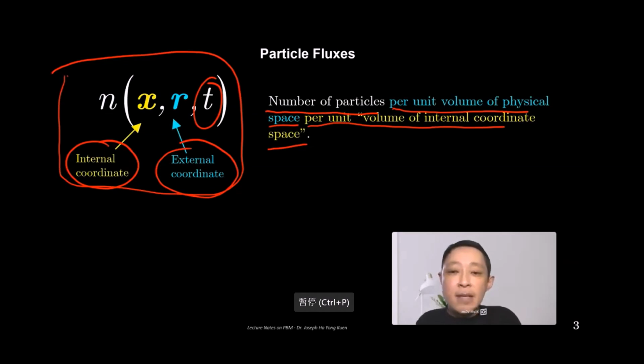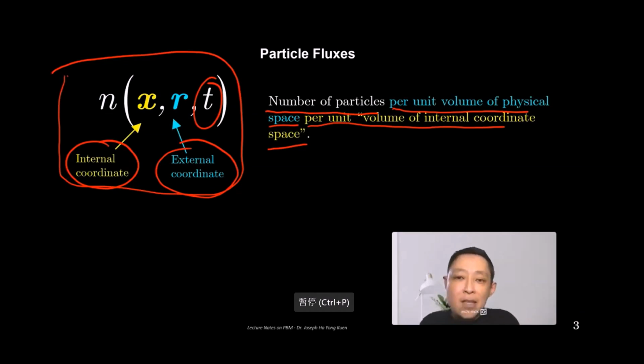In the physical domain, it's easy to imagine because we always have 3 dimensions in our physical space, and by physical intuition we know that the volume of the physical space is a 3-dimensional volume. But the internal coordinate space can have more than 3 dimensions. So whatever it is, the entire space is what we call the volume.